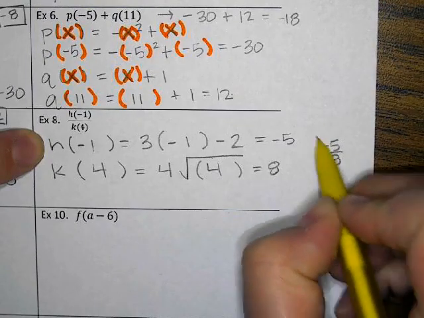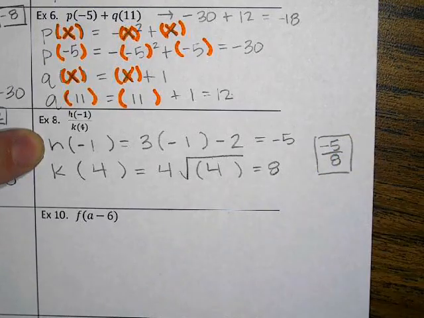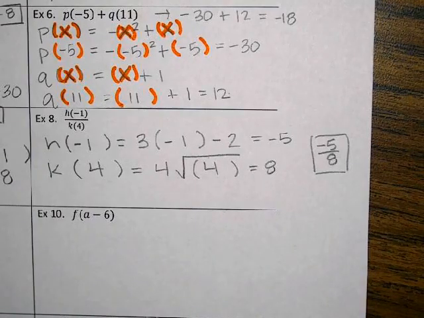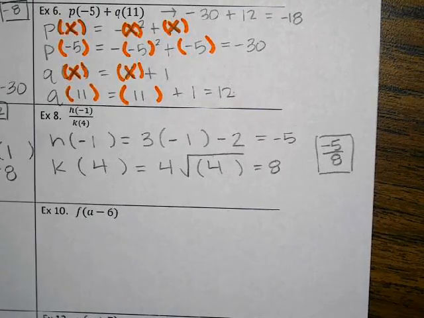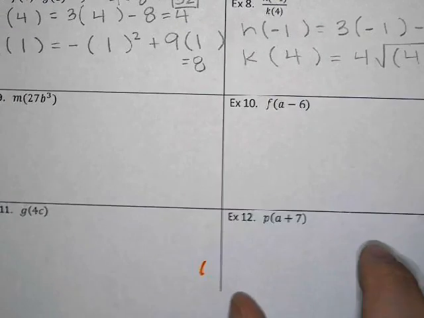Okay, now we're getting to the ones that are going to take us a little bit more energy, because these ones cannot be plugged into a calculator because they have variables in them. So next we have m. So I'm going to start off by just writing m out.